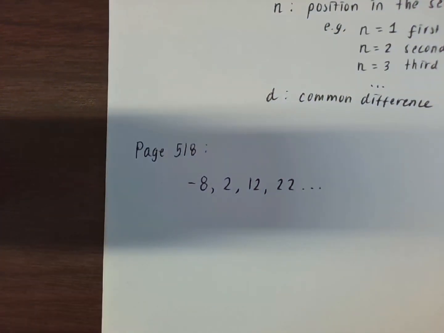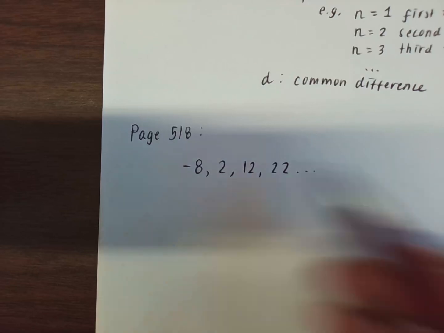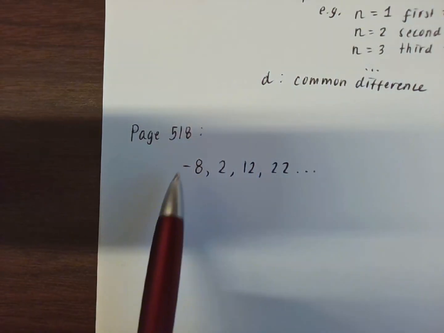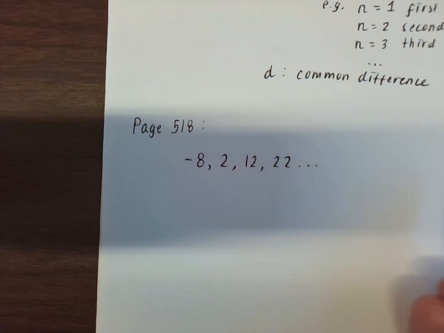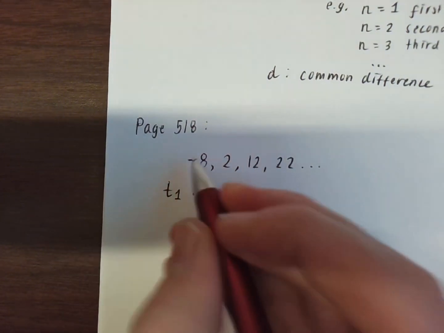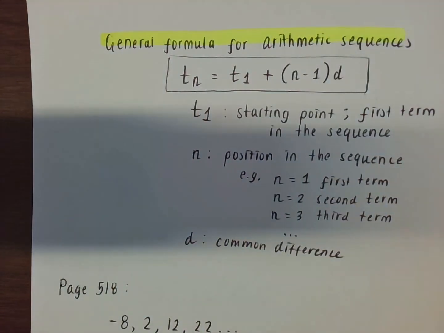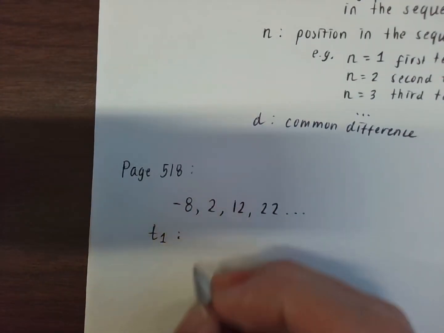Well, I don't even need to know that much about this, and even with just four terms in the sequence, I can pretty much figure out how this sequence is going to go for the rest of things. But basically, T1, that's always got to be that starting point. So that must be -8.